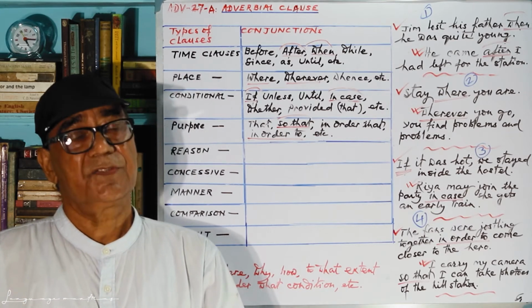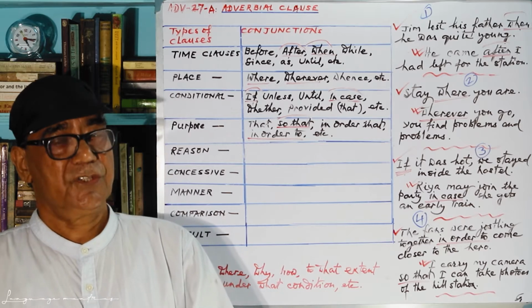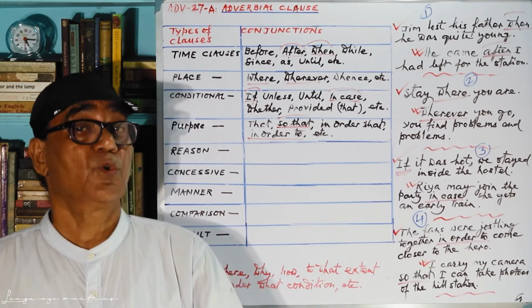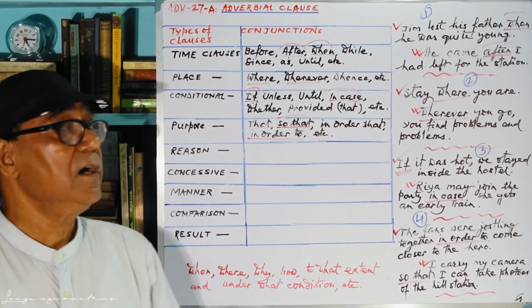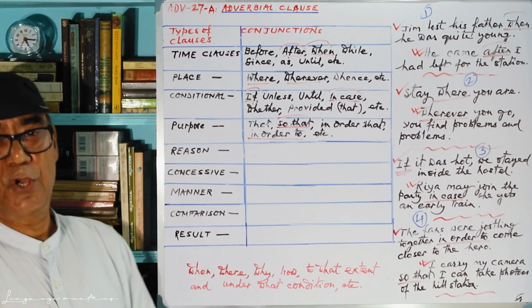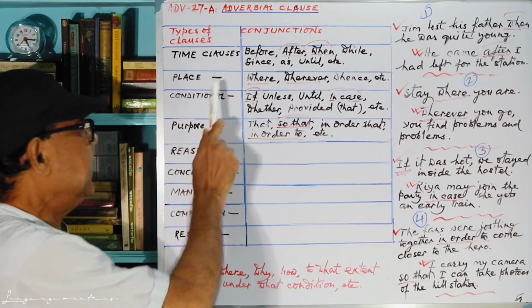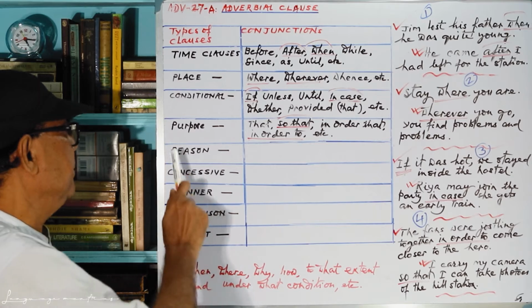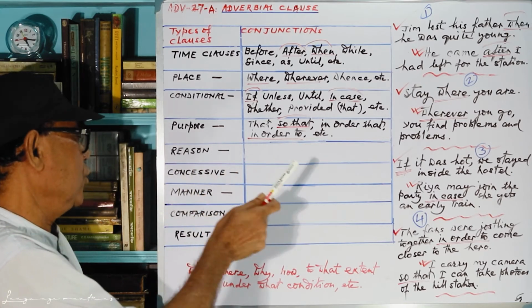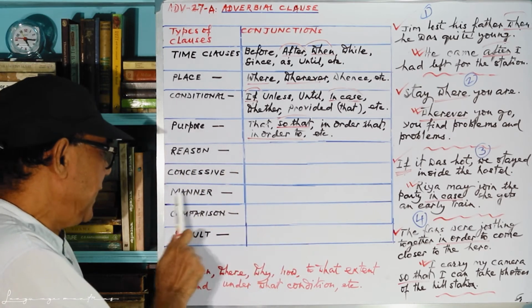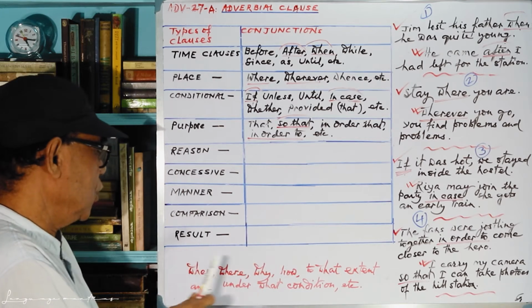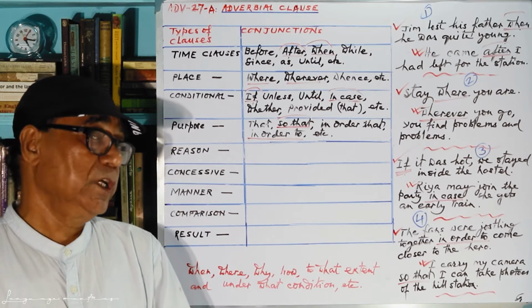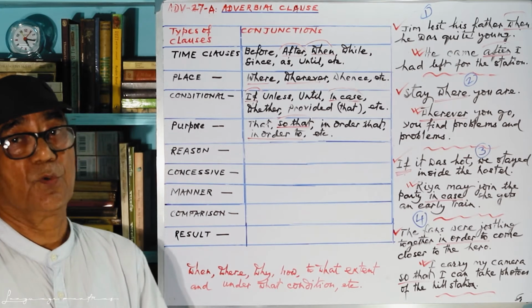Some grammarians try to subdivide adverbial clauses into several subcategories. These categories are time clause, place clause, conditional clause, purpose clause, reason clause, concessive clause, manner clause, comparison clause, result clause, etc. Let's start with one or two categories.